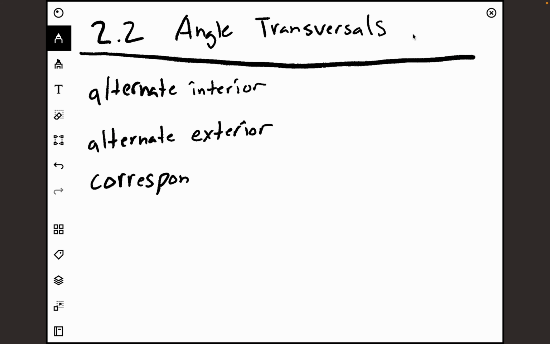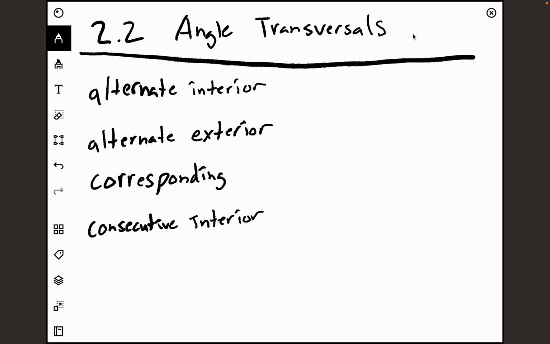Corresponding. And then consecutive interior. Okay. Here are the 4 angles that we're going to be talking about. And being able to identify these angles is going to help us identify if the angles are congruent or if the angles are supplementary.